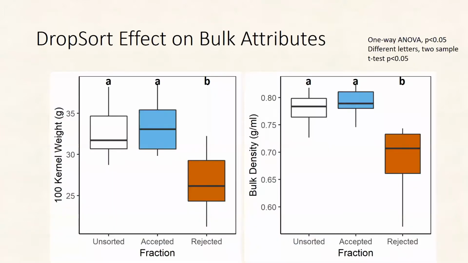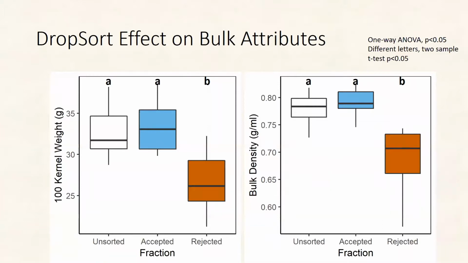And so we can see that our device did a good job at separating based on these bulk attributes. Here we have the different fractions, and 100 kernel weight was significantly reduced. We also see for bulk density, our rejected fraction was significantly lower.